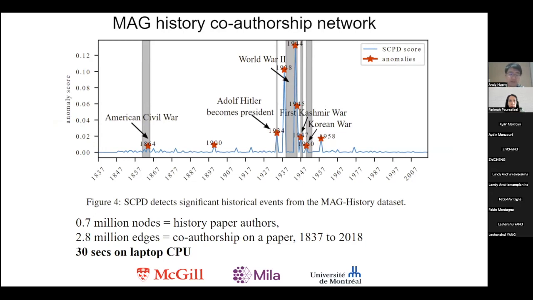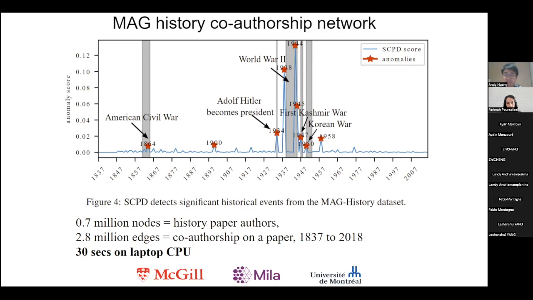We have around 0.7 million nodes and around 2.8 million edges across close to 200 years, from 1837 to 2018. I'm able to run this in about 30 seconds on my laptop CPU. Note that SCPD doesn't actually use the GPU and can run really fast on just standard CPUs.